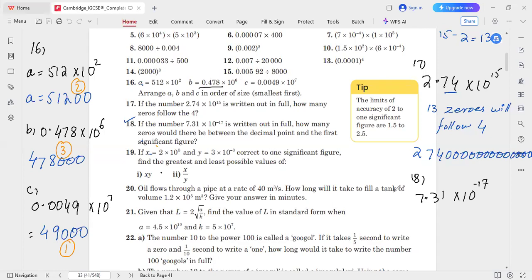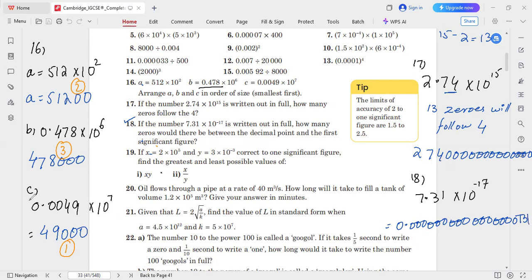So from this 17, as negative 17 is given, 1 will be skipped due to this number 7 before the decimal point, and the rest of the 16 zeros you will apply before this 7. So the number will be 0.0, 1, 2, 3, 4, 5, 6, 7, 8, 9, 10, 11, 12, 13, 14, 15, 16, 7, 3, 1.